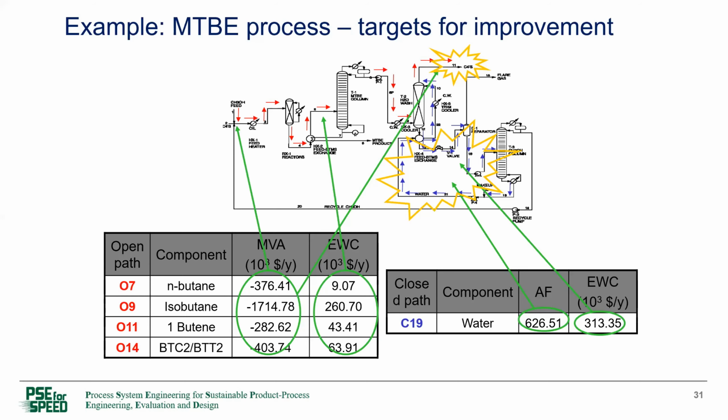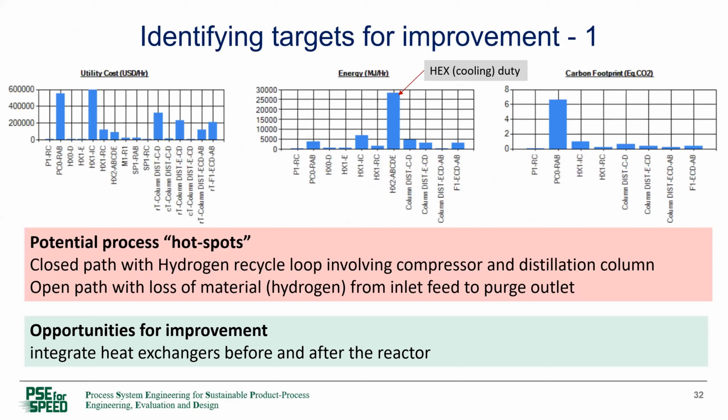Another way to look at it is that we have the utility cost, we have the skyscraper kind of plot, we have the energy, we have the carbon footprint, and you can see in terms of the energy, there is a cooling heat exchanger, which has a lot of energy being released.